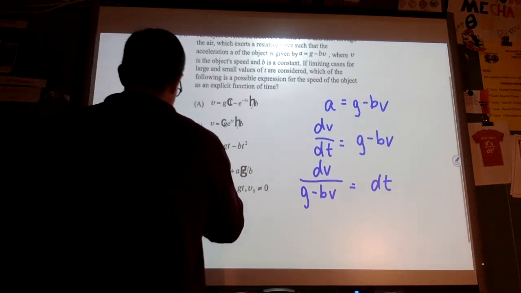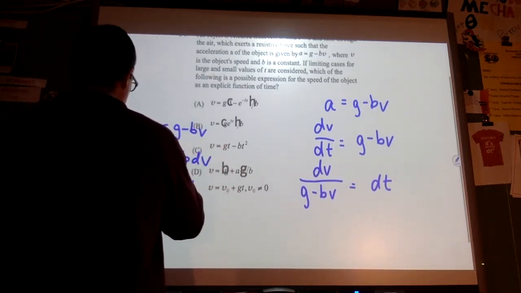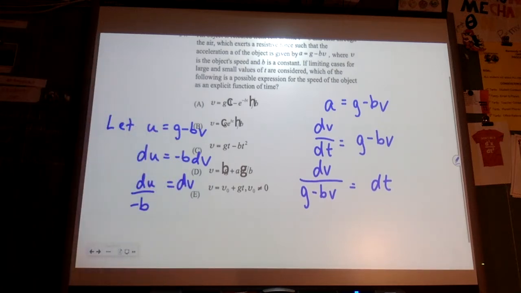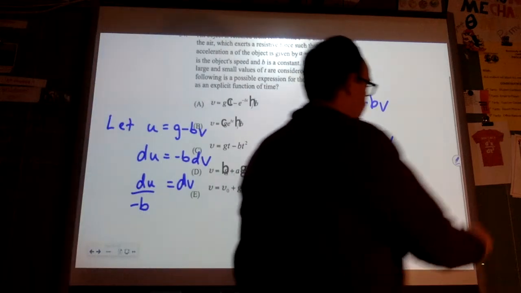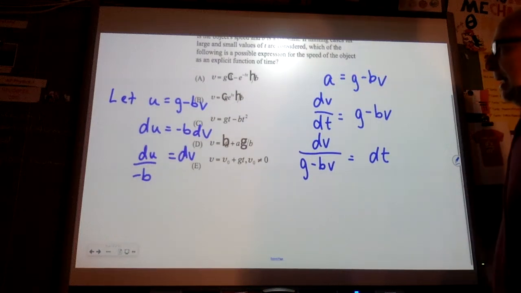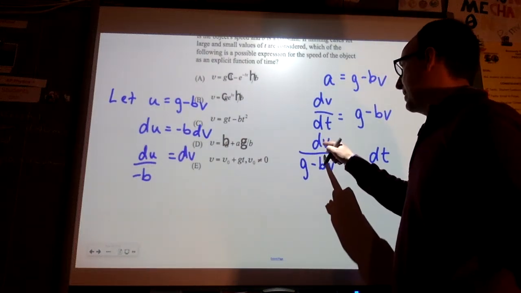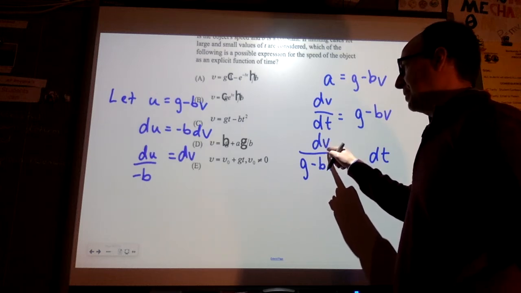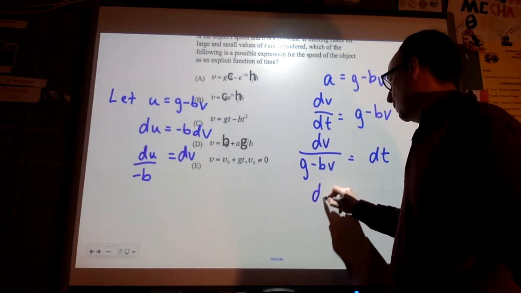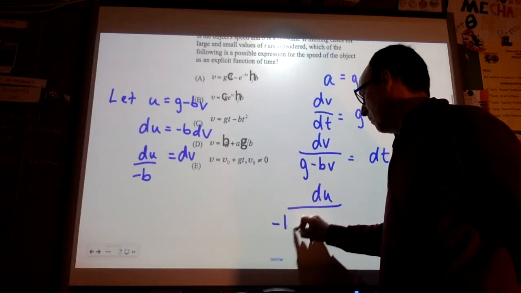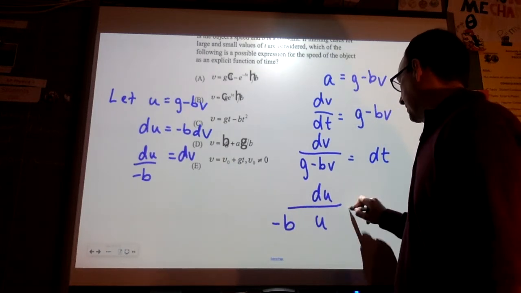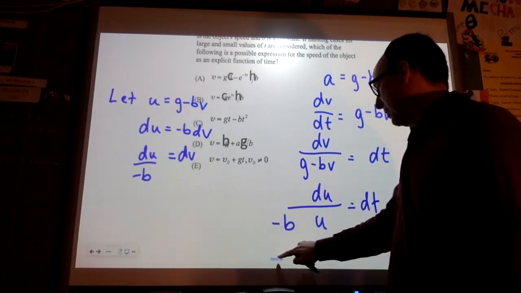And so that means that dv is going to be equal to du over minus b. And then I'm going to substitute this back in. And so we're saying dv is du over minus b, we're saying that this is u, that is equal to dt.